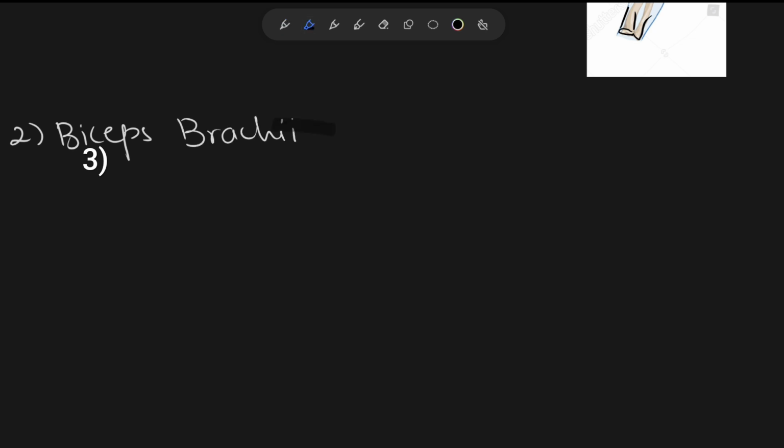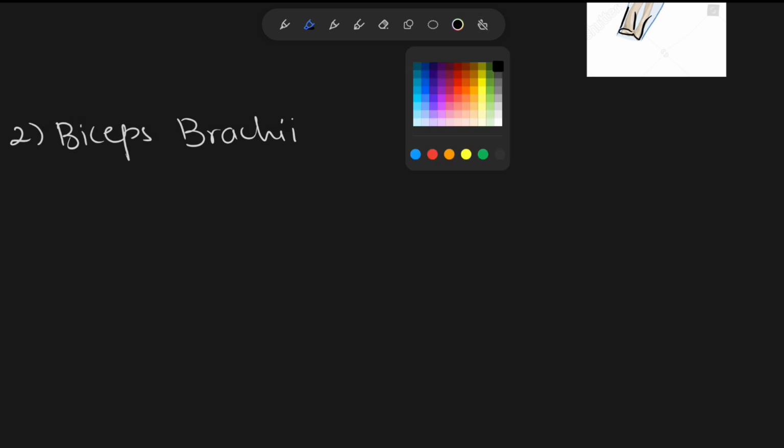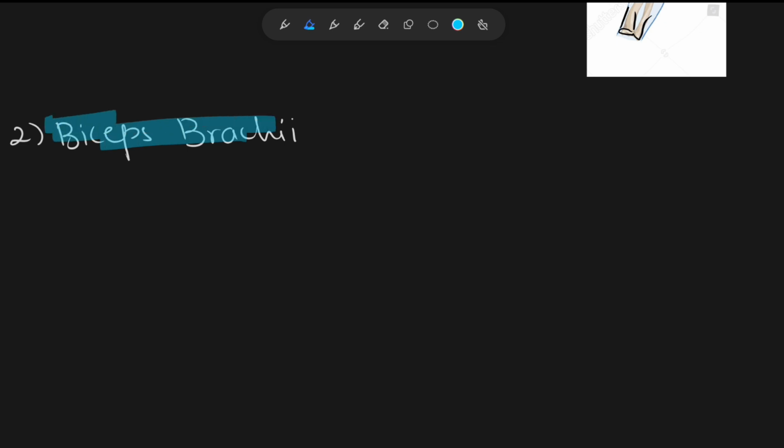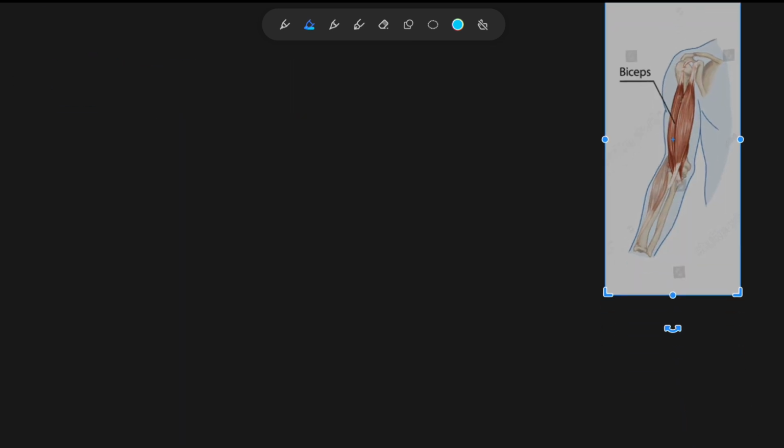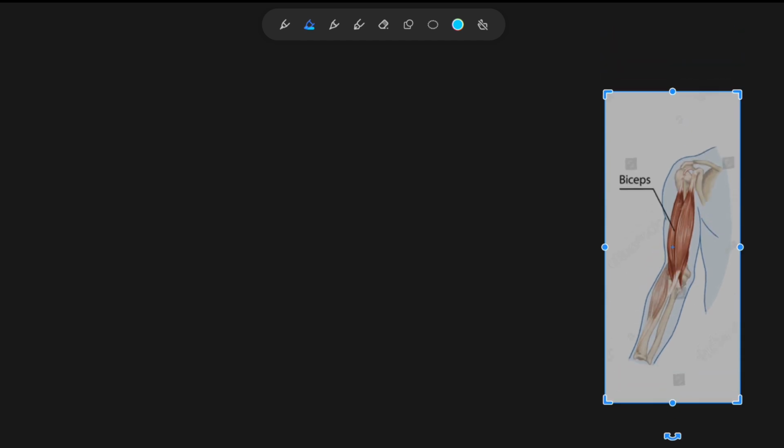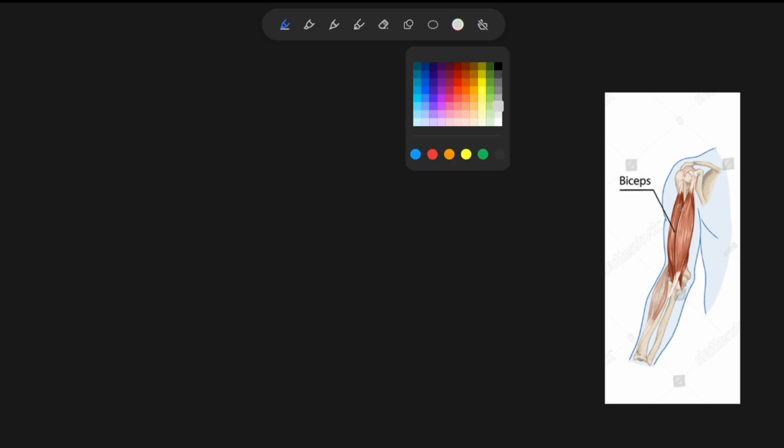Why do we call it biceps brachii? Because it has two heads. How does it have two heads? See, the image given here is about the biceps muscle and it has two heads.